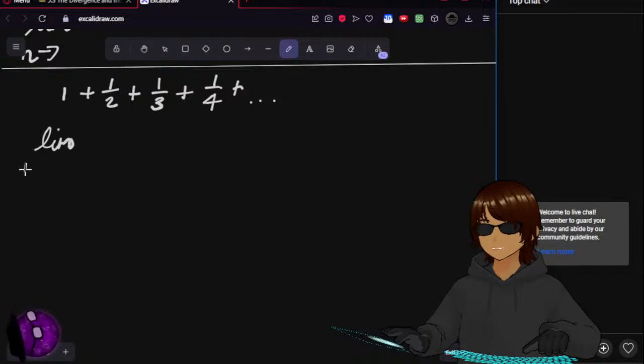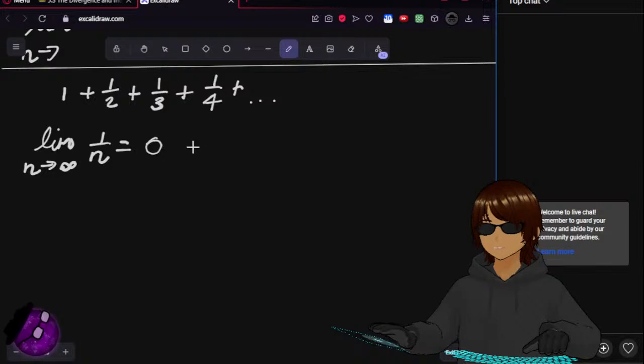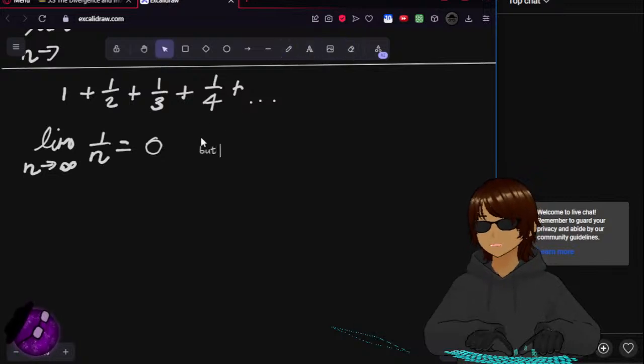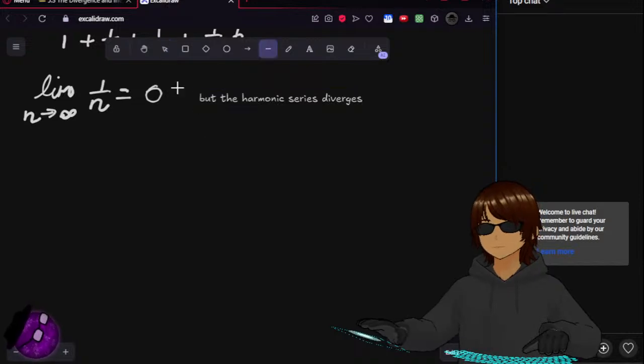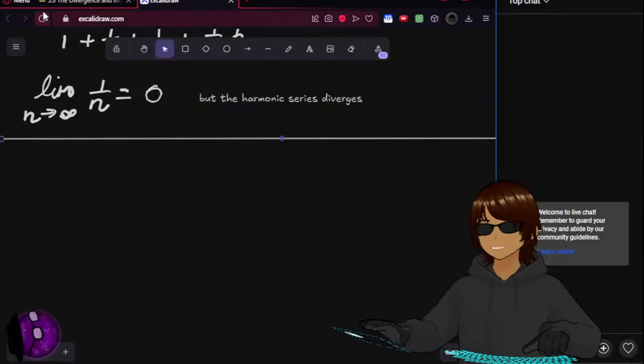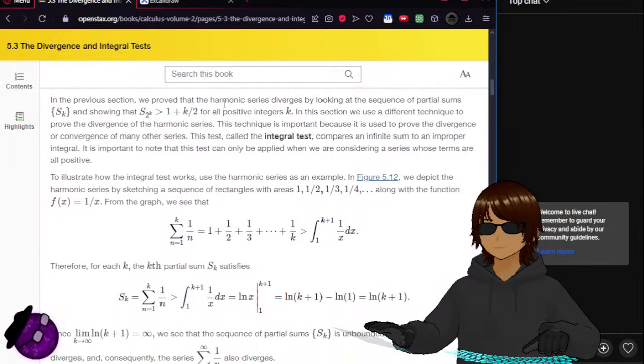The limit as n approaches infinity of 1 over n is equal to 0, but the harmonic series diverges. So this is one of the exceptions, one of the special cases.